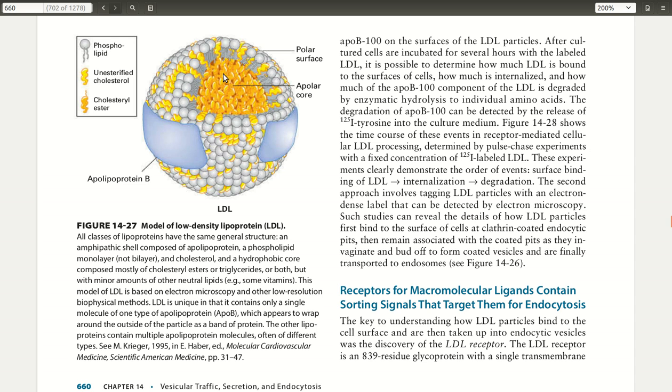In the interior we have a core of cholesterol ester, and these are hydrophobic, and sometimes other molecules are embedded in the interior, including triglycerides along with the cholesterol esters, as well as some vitamins. And the protein that wraps itself around this spherical particle is called apolipoprotein B, and this allows the LDL to bind to its receptor.